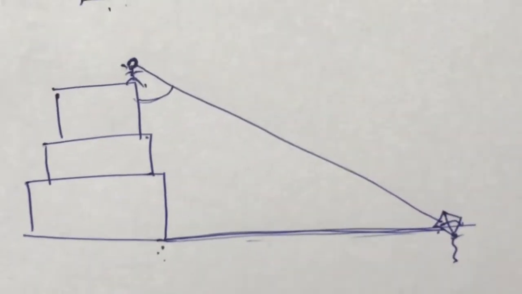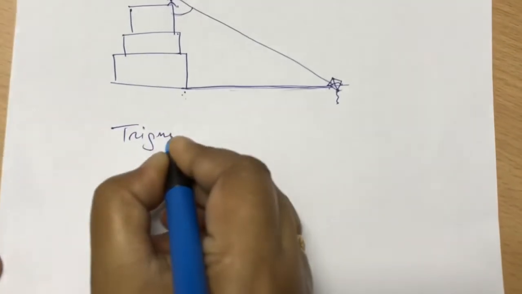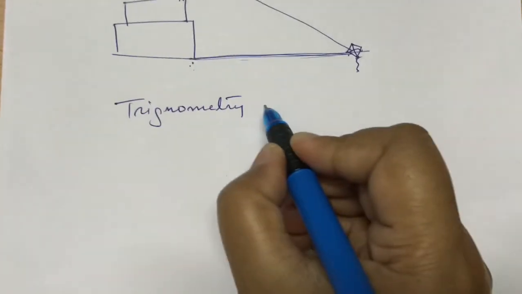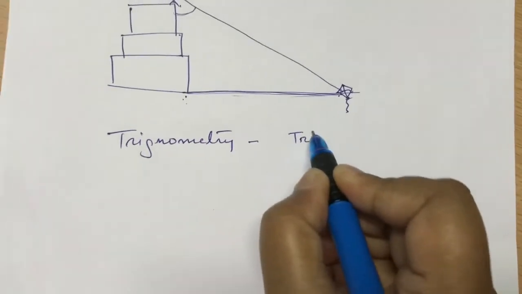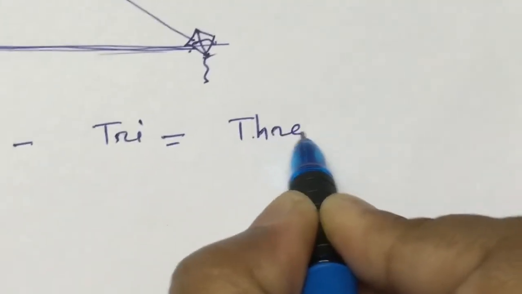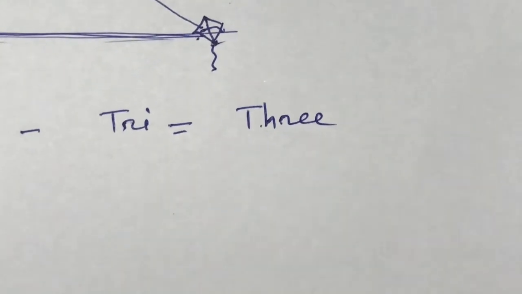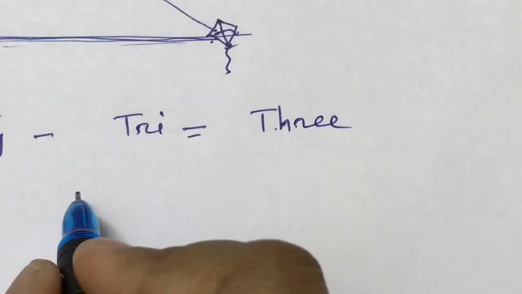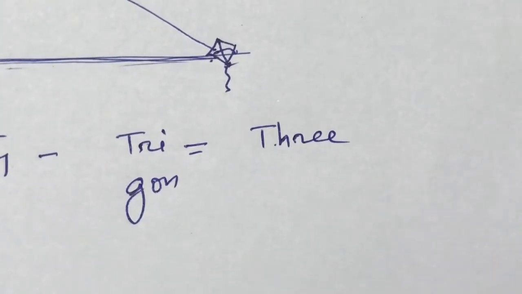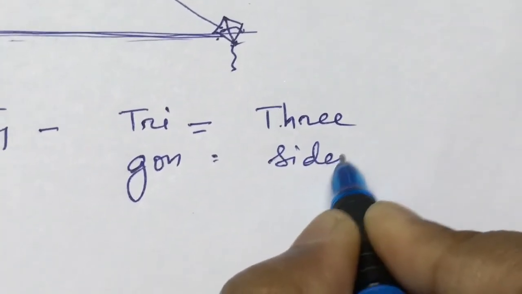Now see the word trigonometry. It is divided into three parts. First, tri. Tri means three. Then you have this word called gon. What is the meaning of gon? It means sides.